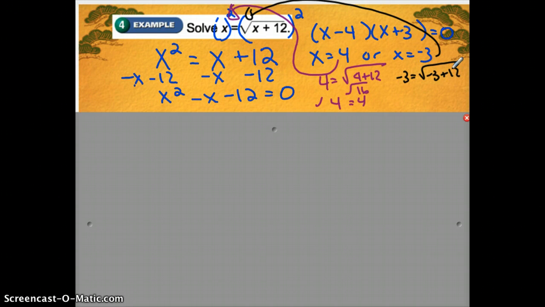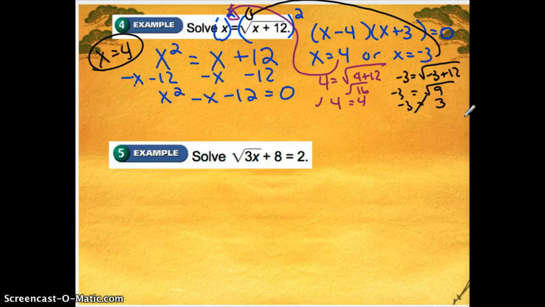Negative 3 plus 12 is 9, so square root of 9 is 3, but I said it was negative 3. These are not equal, so this is an extraneous solution. So my only answer that I'm actually going to use is x equals 4, and I would say negative 3 is extraneous. Okay, so sometimes you get one answer that works, one that doesn't. Sometimes none work. You just got to be cautious, and checking is really smart.